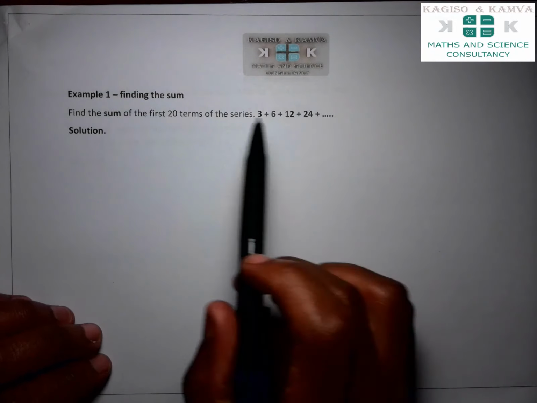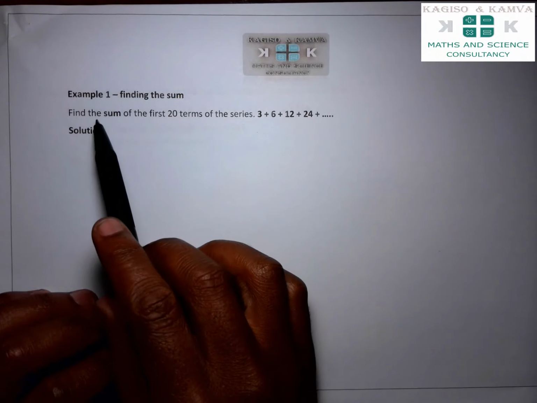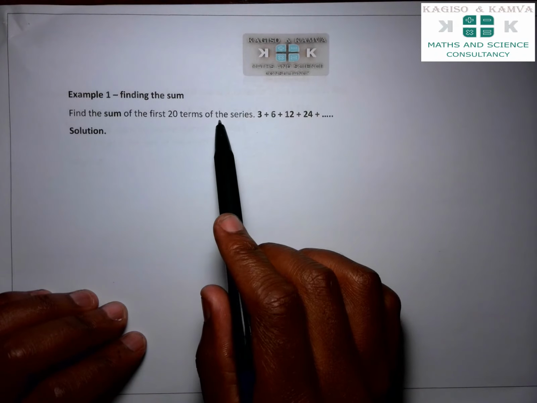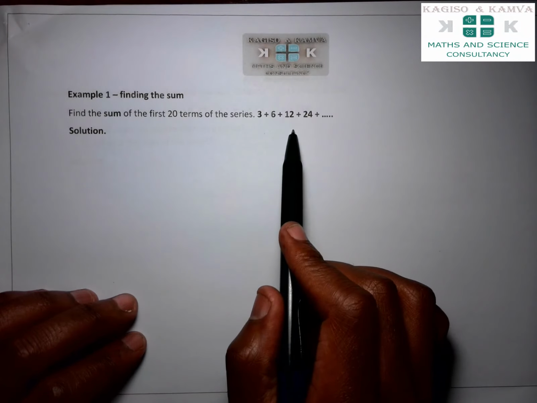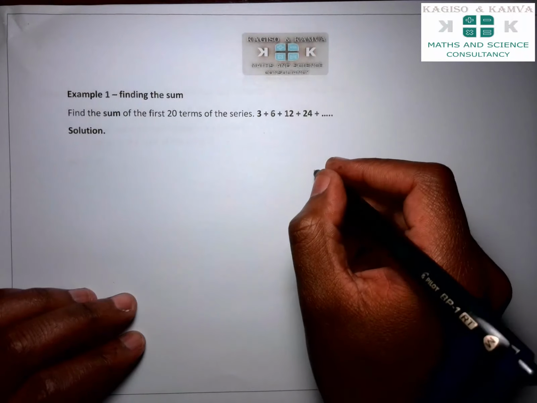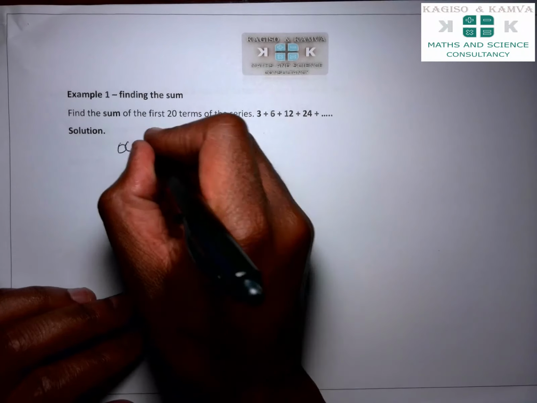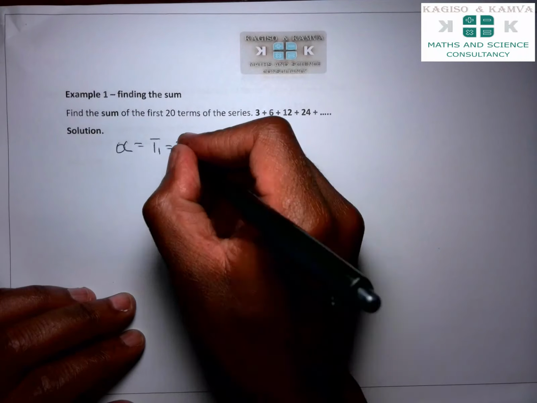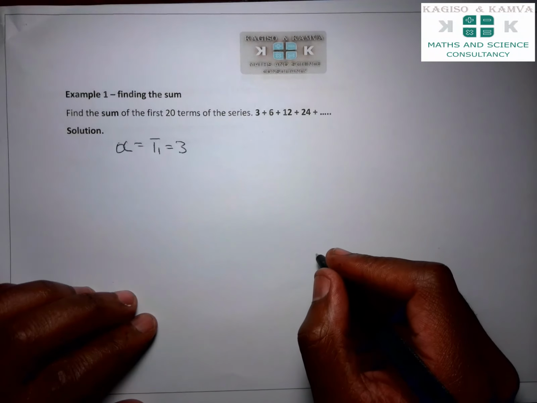Now example 1, finding the sum. We are asked to find the sum of the first 20 terms of the series. First we need to find a, the first term, t1, which is equal to 3.